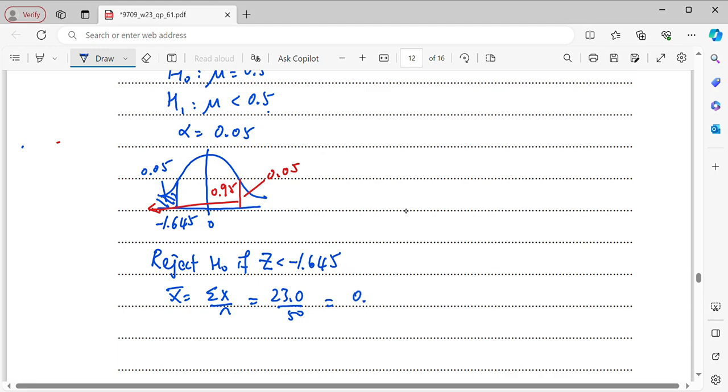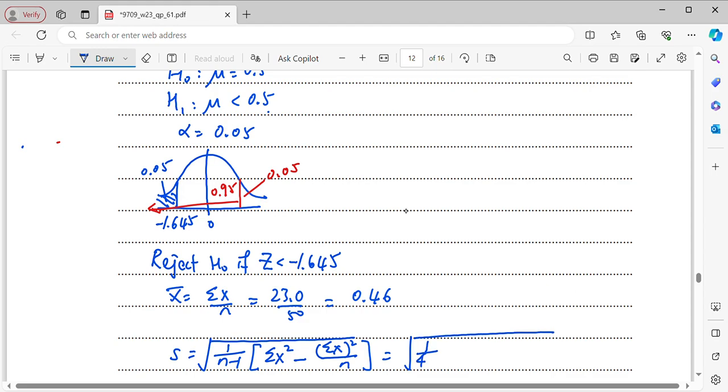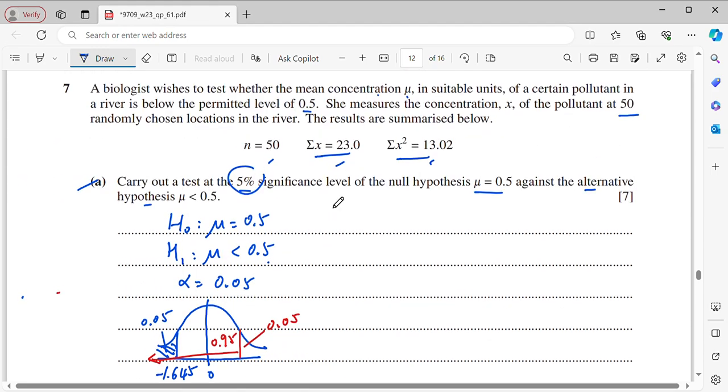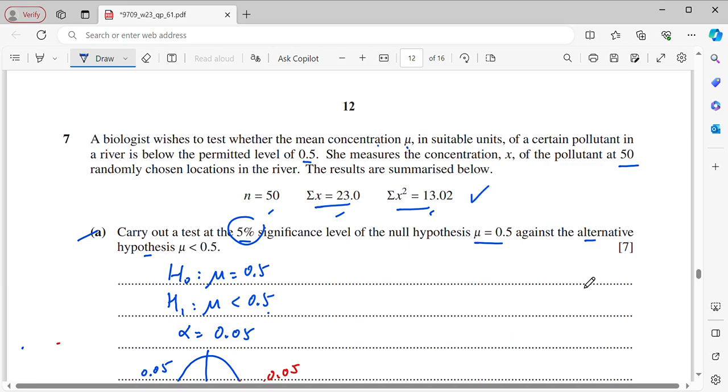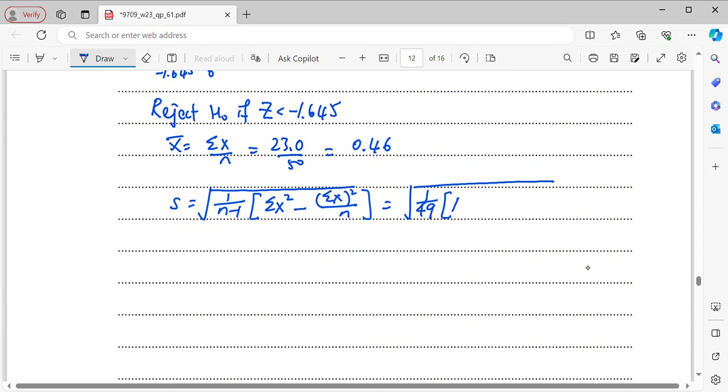Then you will be getting 0.46, and then the s is square root of 1 over n minus 1 times by summation x squared minus square of summation x, then divided by n. So this is going to be square root of 1 over 49. Summation x squared is 13.02 minus summation x is 23.0 over 50.